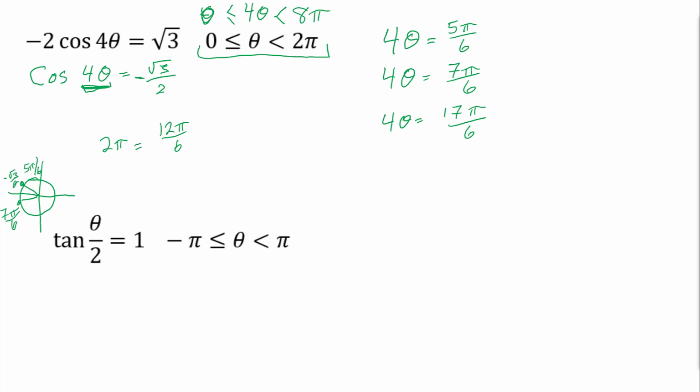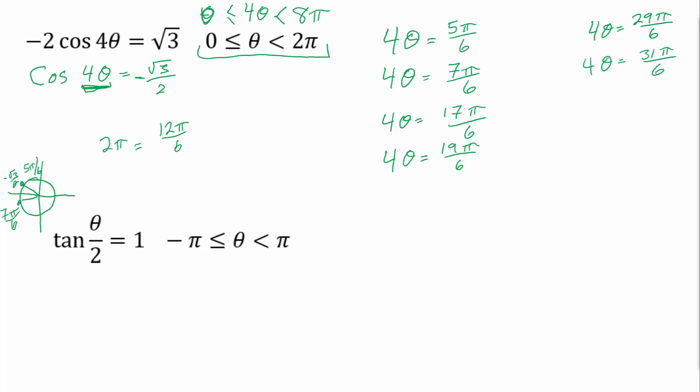And adding 12 to 7 pi over 6, I get 4 theta equals 19 pi over 6. And continuing on, 12 more would be 29 pi over 6, and 4 theta equals 31 pi over 6.